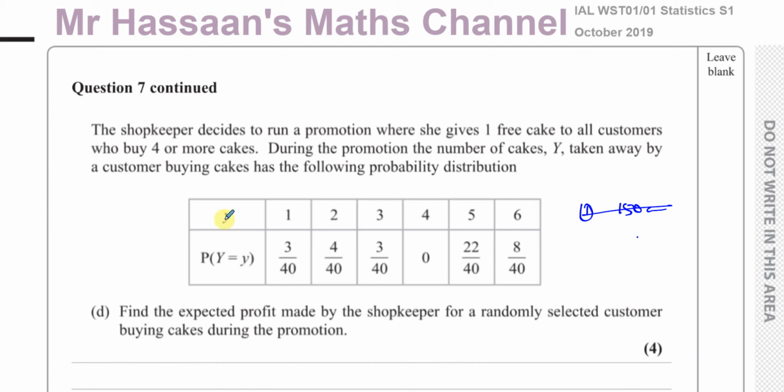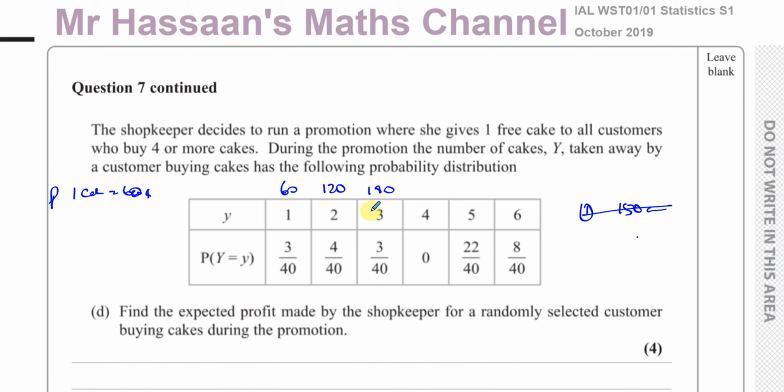So if they buy one cake, they get one cake, the profit will be 60 cents. They buy two cakes, they get two cakes, so the profit's going to be 120. They buy three cakes, they get three cakes, the profit's going to be 180.